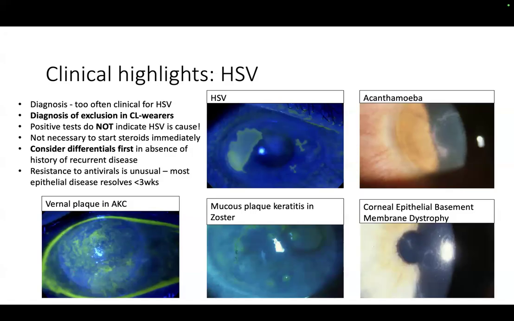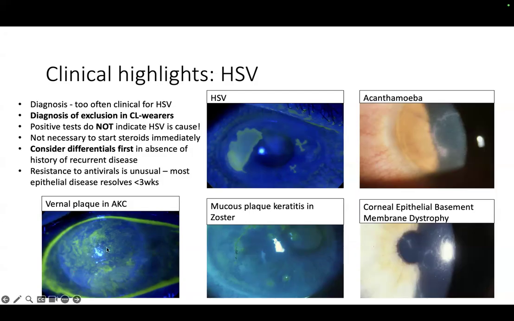So just be careful of making this diagnosis in a contact lens wearer. Just because you've got positive tests, you can get false positives, so it doesn't necessarily mean HSV is the cause. You don't need to kick off with steroids straight off the bat. Consider your differentials. And resistance is pretty unusual, so that shouldn't be top of your list of causes for what you think might be HSK that is unresponsive.